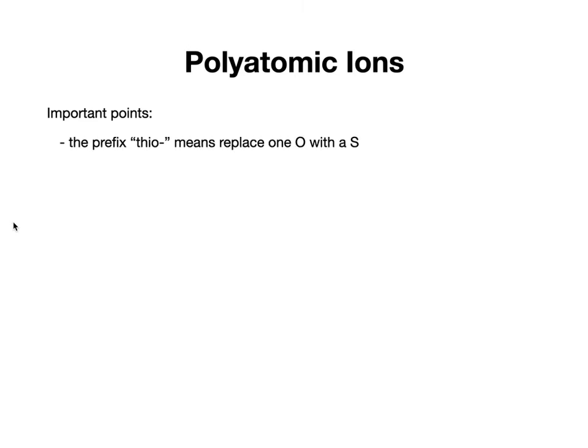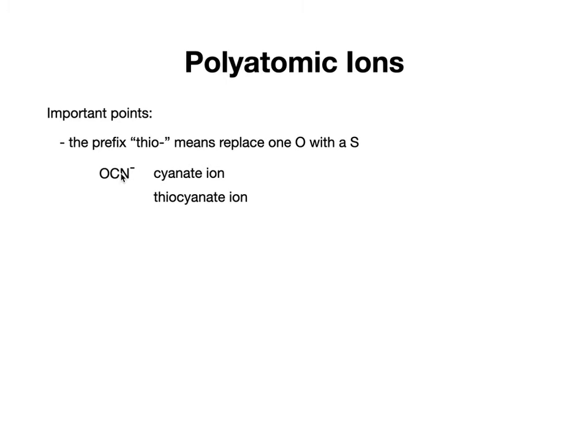The prefix thio, when you see thio, that means replace one oxygen with a sulfur, okay? Let me show a couple of examples of this. So the cyanate ion is one that we need to learn, okay? When we see this prefix thio, what that means is we replace one oxygen with a sulfur.